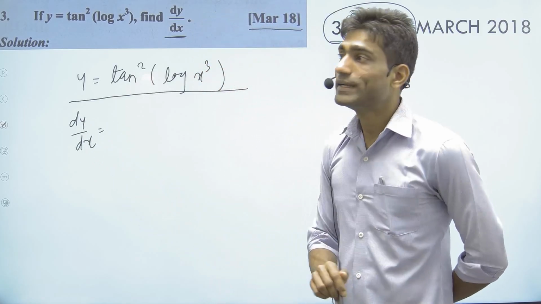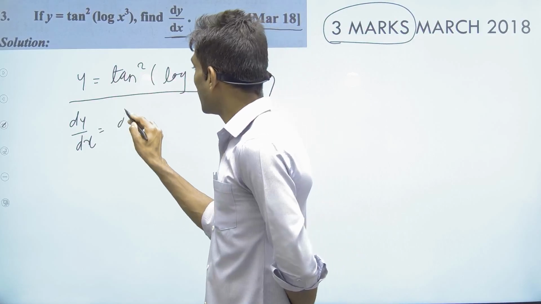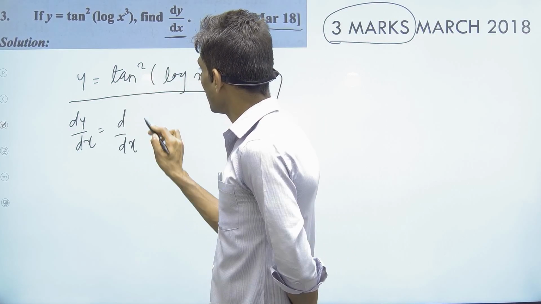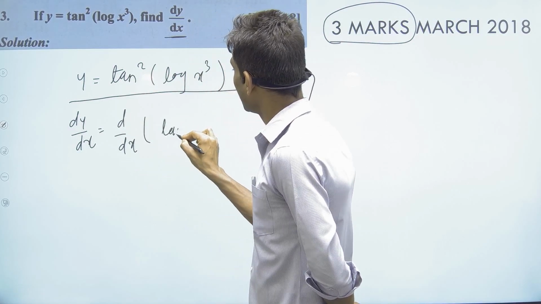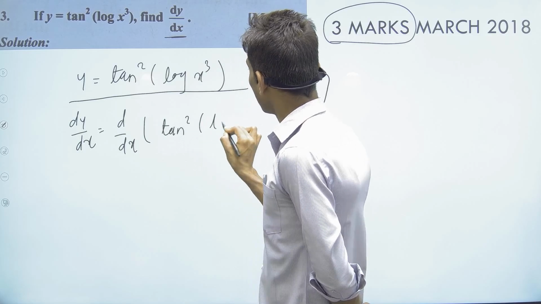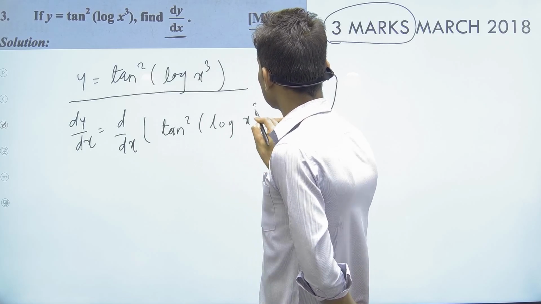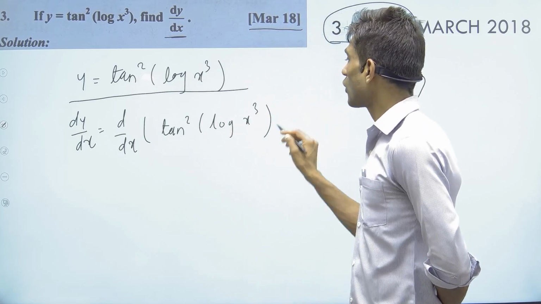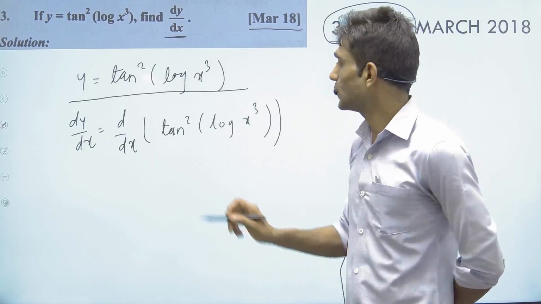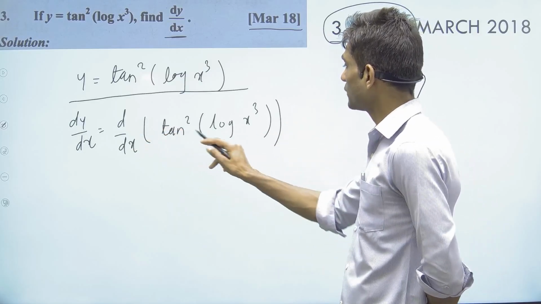So dy by dx equals d by dx of tan square of log of x cube on the other side. Here we have differentiation with respect to x of this function.